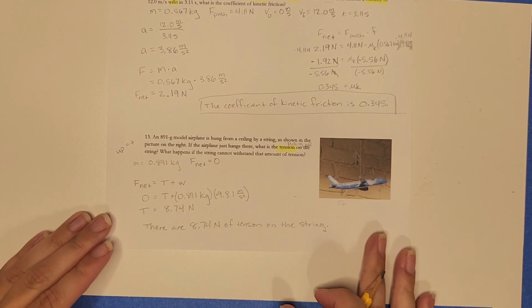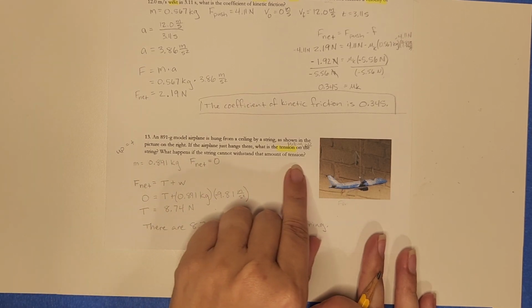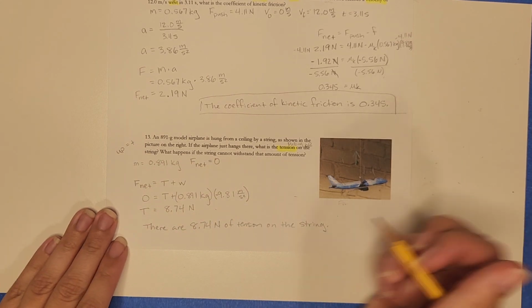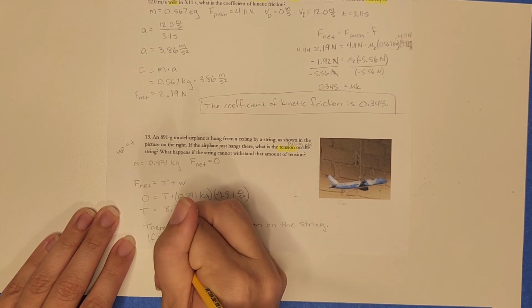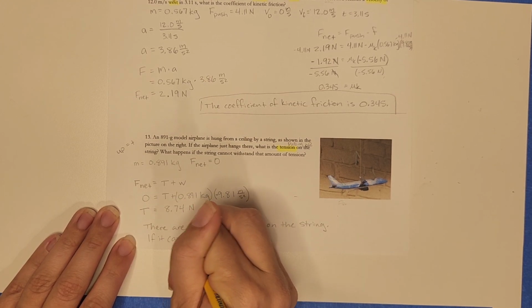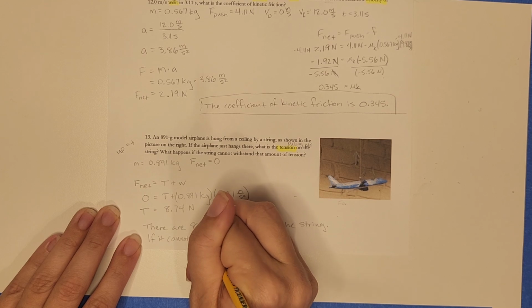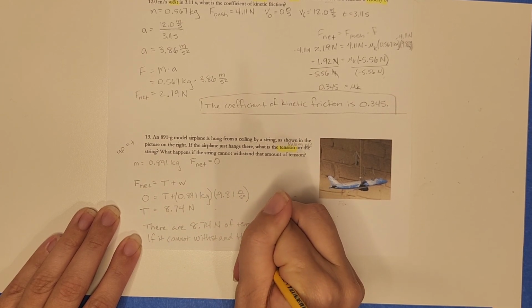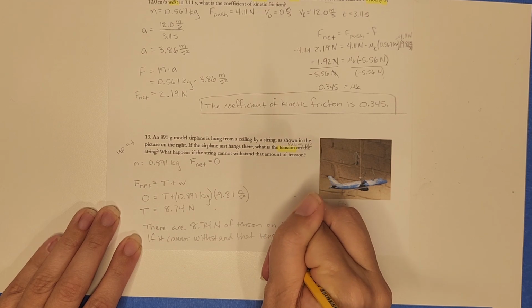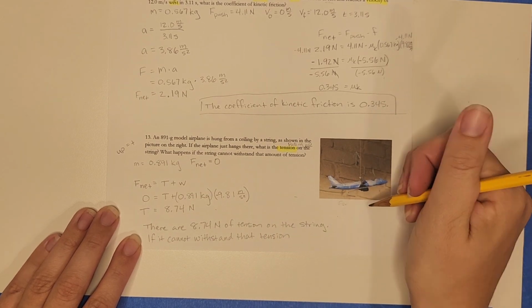And the next part of the problem is what happens if the string cannot withstand that amount of tension. So the second part of that is, if it cannot withstand that tension, then the force of gravity will win out.